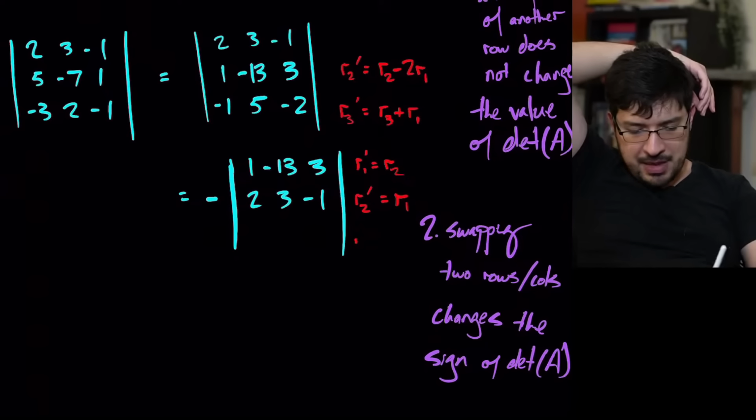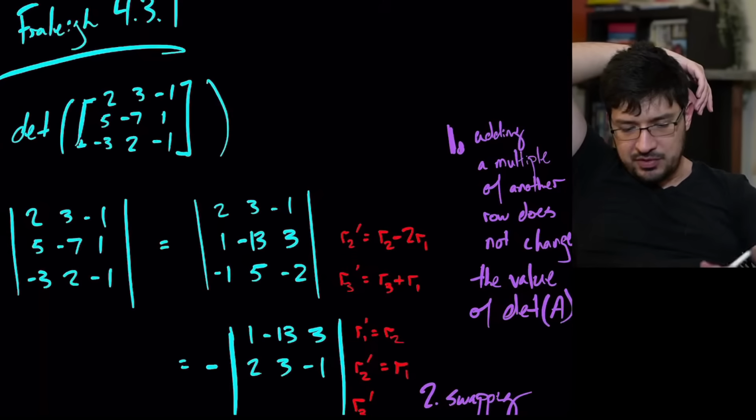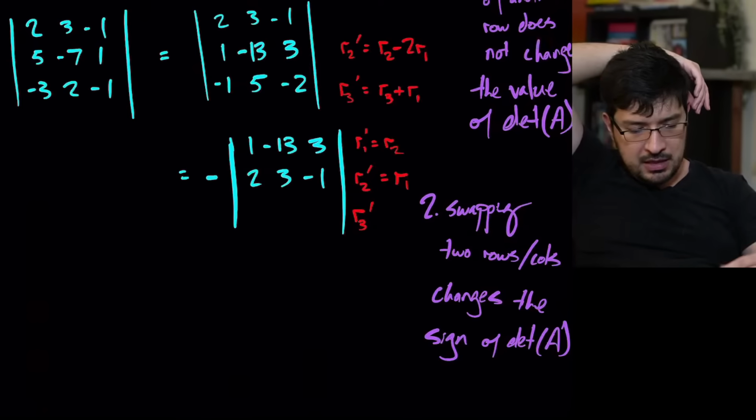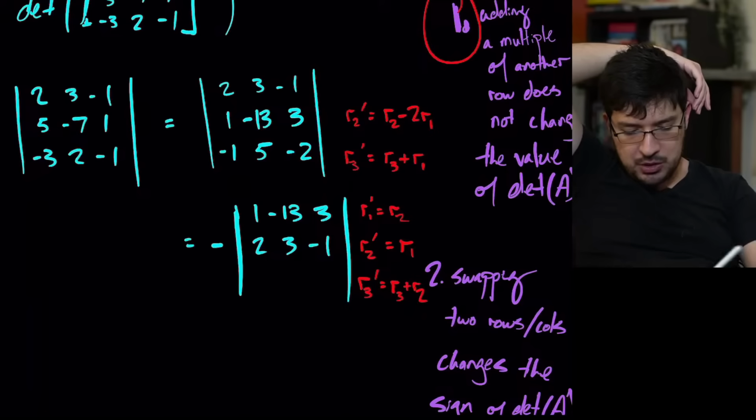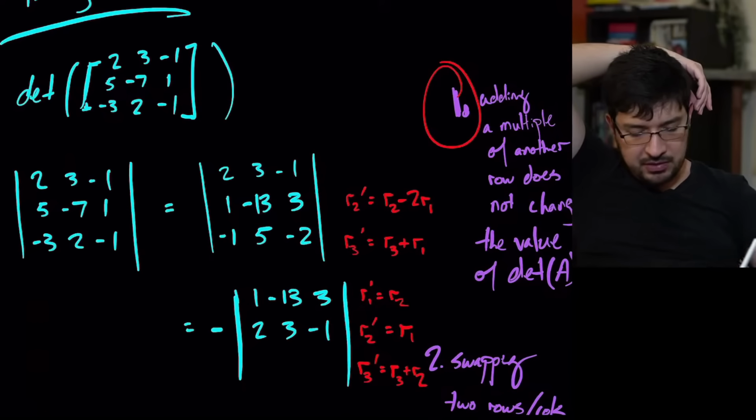And while I'm at it, I'm going to go ahead and use this first property again. R3 prime is R3 plus R2, R2 from the previous matrix.